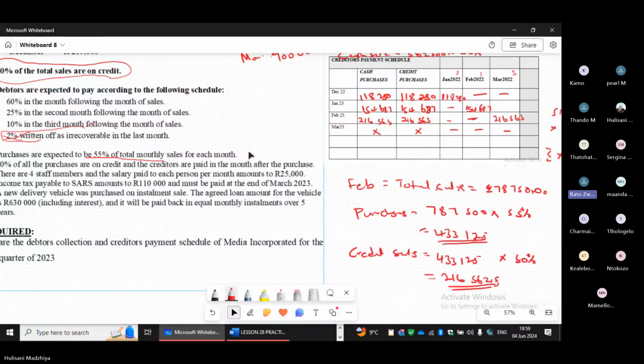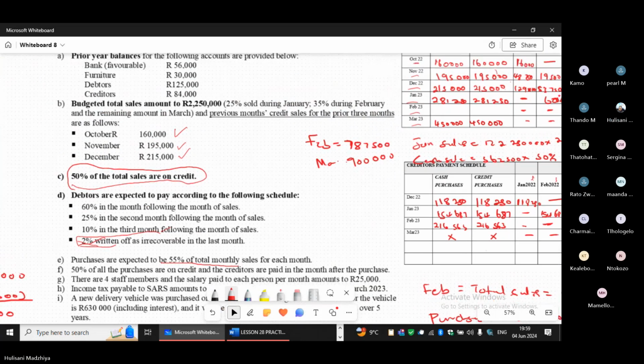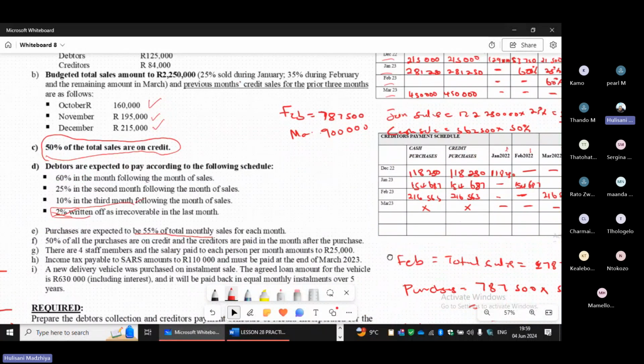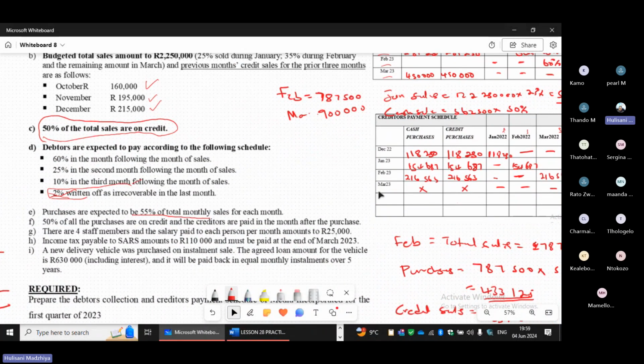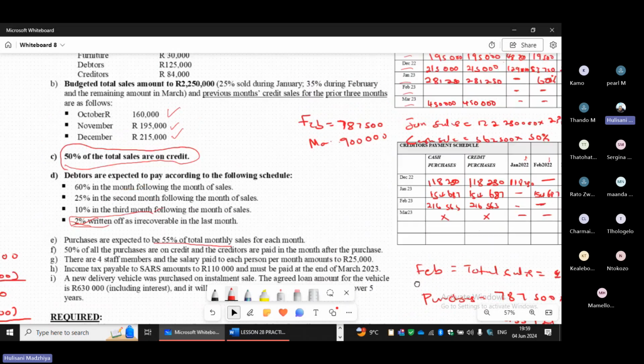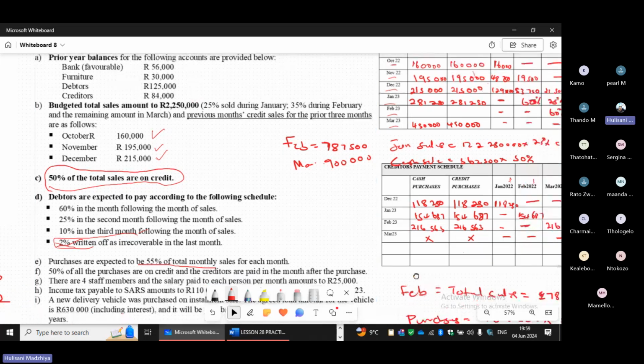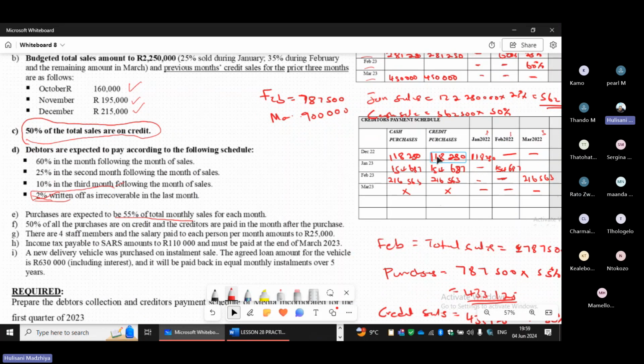Because didn't we have an opening balance from the previous year? You mean this one, the 84,000? Yes. This 84,000 is what's sitting under your creditors account. Unfortunately, they didn't indicate which month this balance is coming from, so for us to make an assumption would be incorrect and invalid.